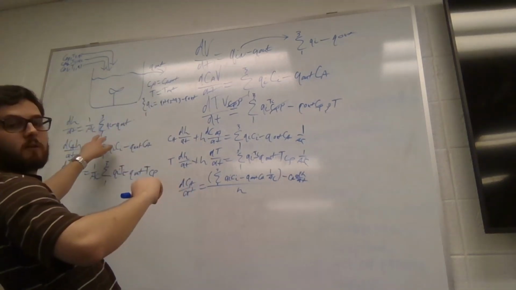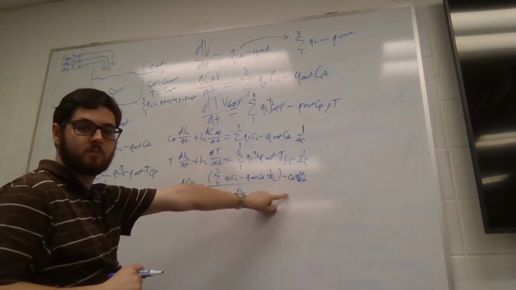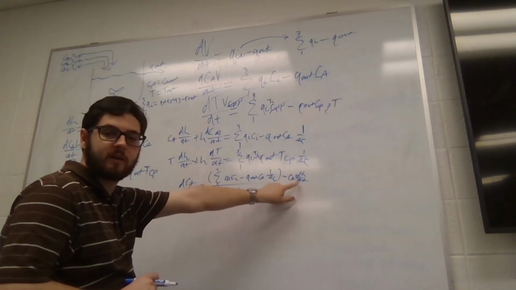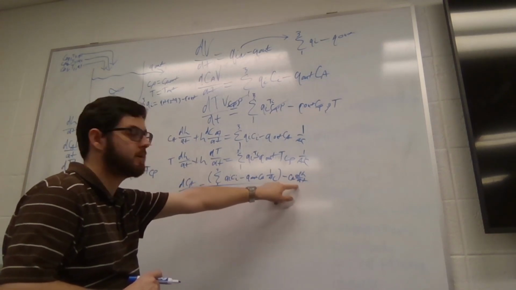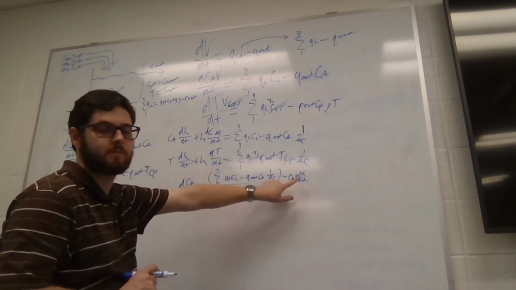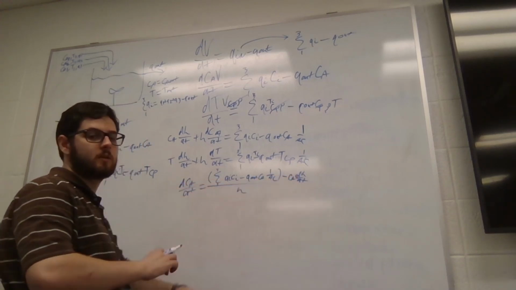Because we have dH dt already, once we put this into code we'll be able to find it beforehand, so no need to worry about a differential equation within a differential equation.